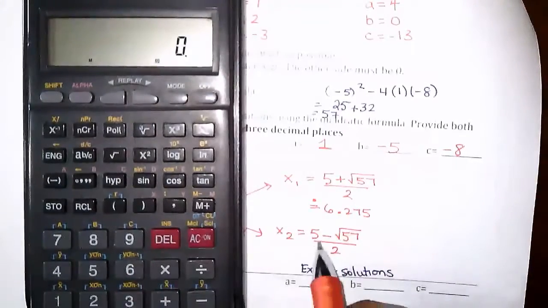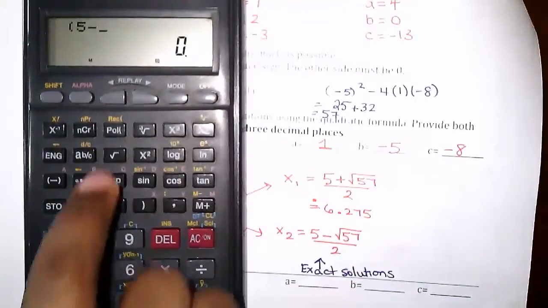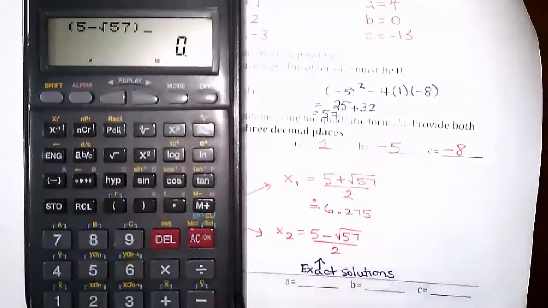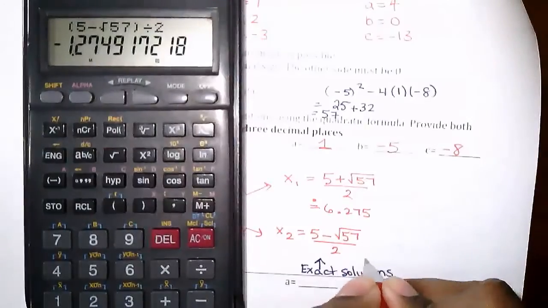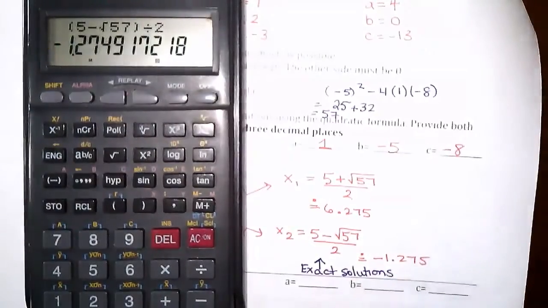Then to put in the second scenario, again, open your brackets, 5 minus root 57. So that's the top, divided by 2, and that gives us approximately negative 1.275.